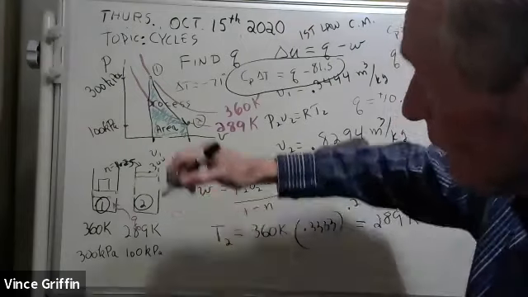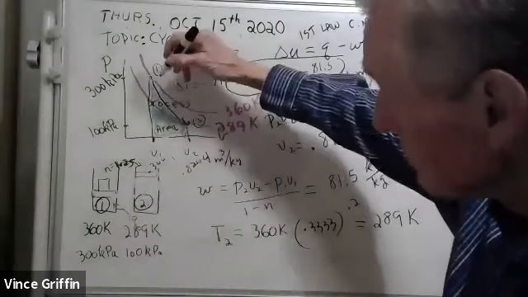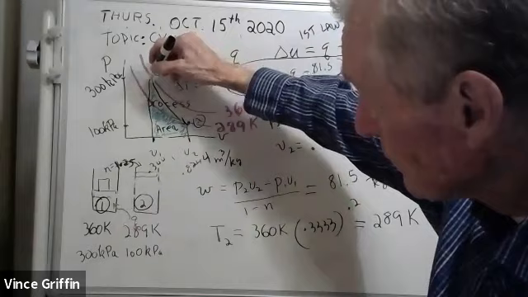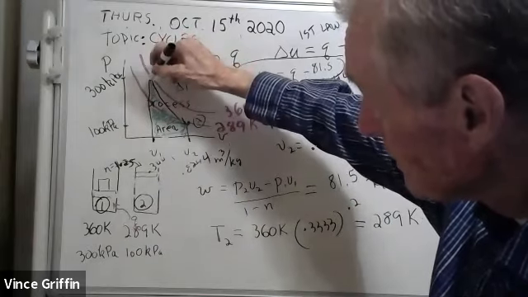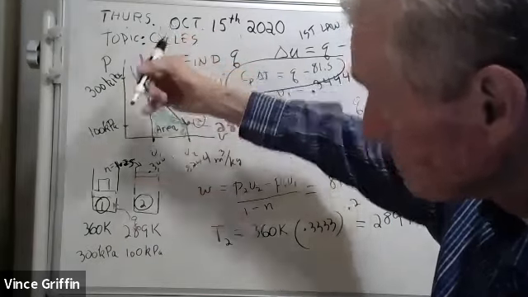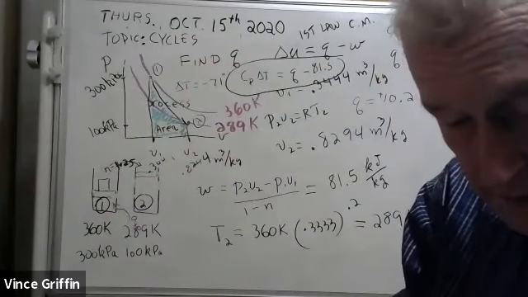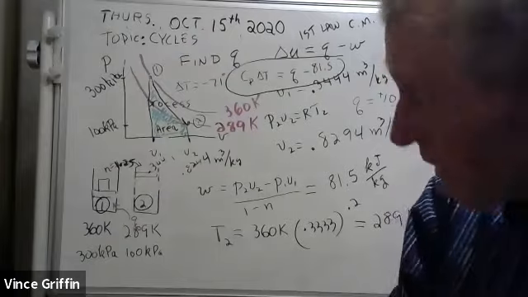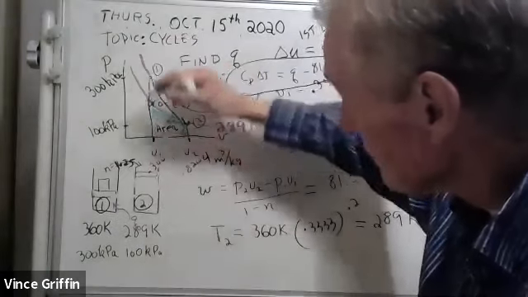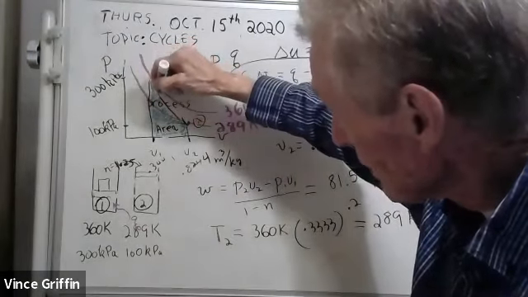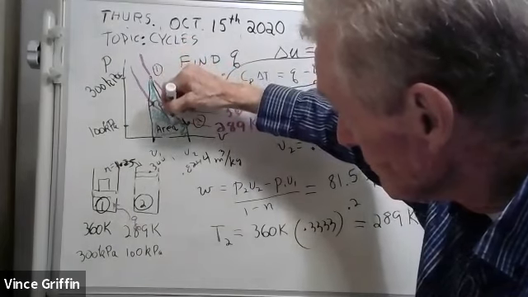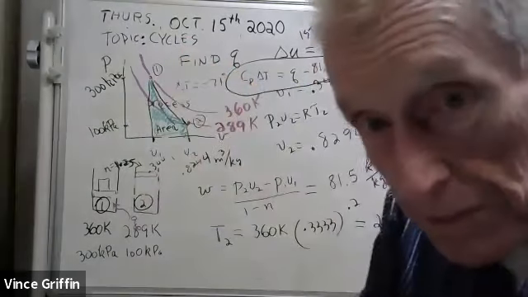I think our process would look like this. We know it goes from 300 to 100. The adiabat, I wonder if I could use a different color here. Maybe this green will show up. The adiabat would look like this. Does that show up?